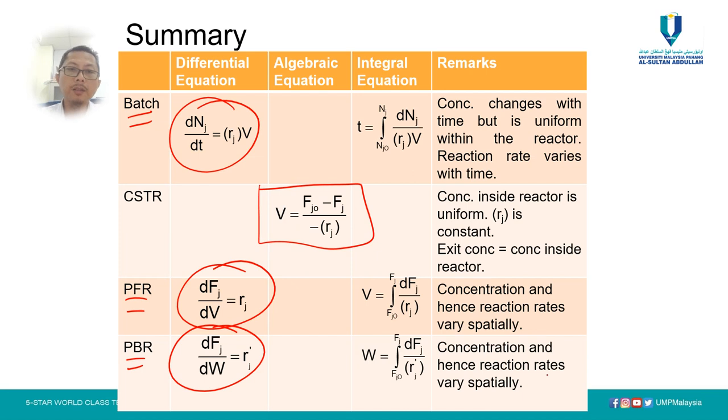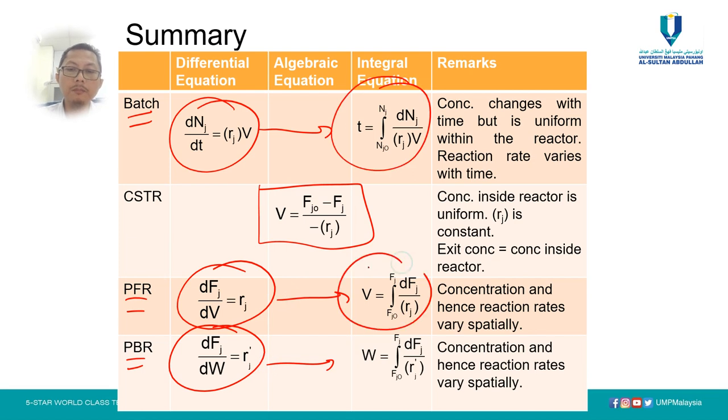So the ODE can be changed into integral form. The upper limit will be the design variable. For the batch reactor, it is t.